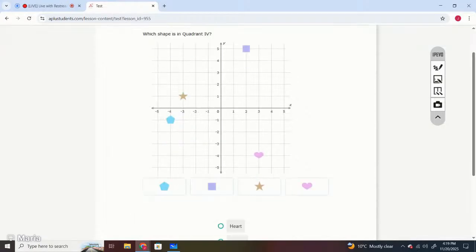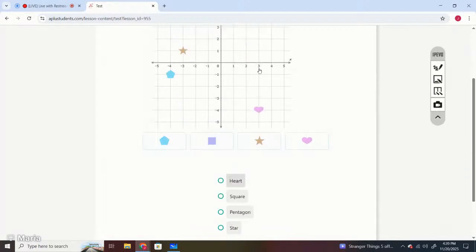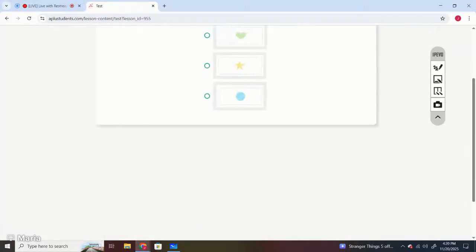Which shape is in quadrant 4? This is the fourth quadrant. So option number 1 is the correct option.